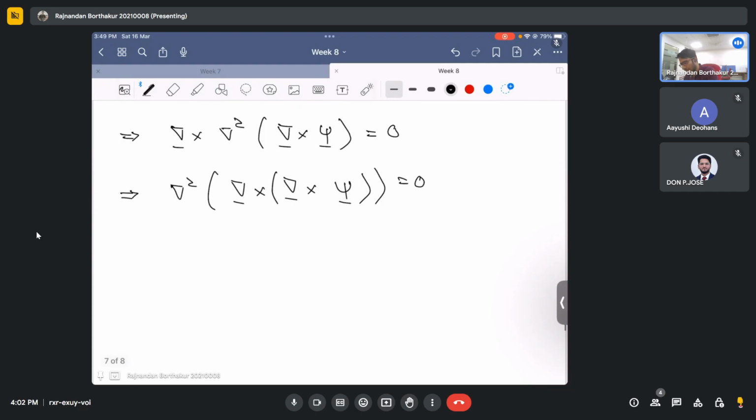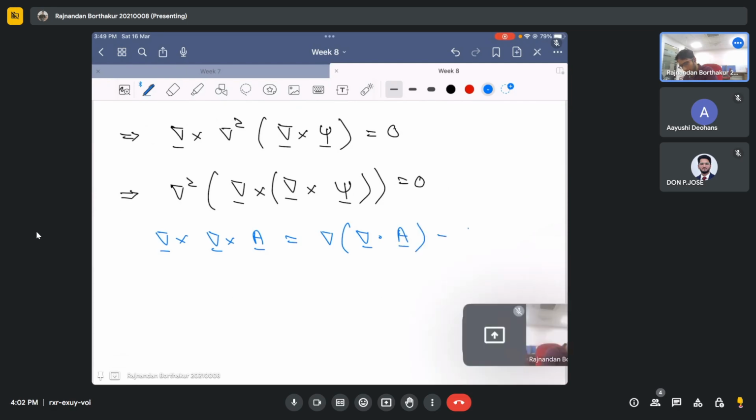Now let's do one thing. There is a property: the curl of any vector a can be written as gradient of divergence of a minus del square of a.